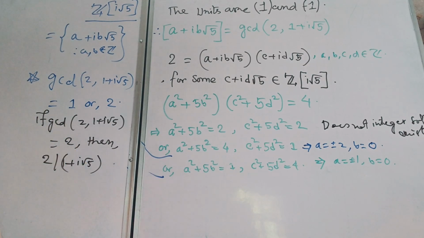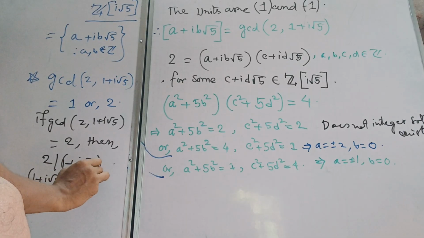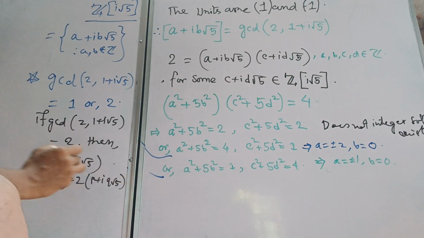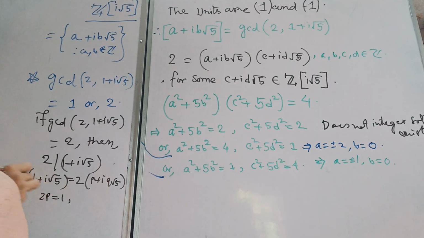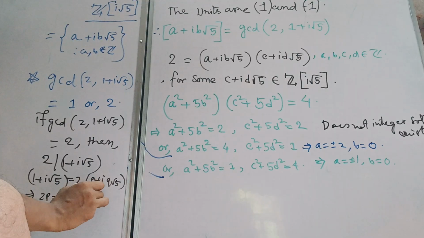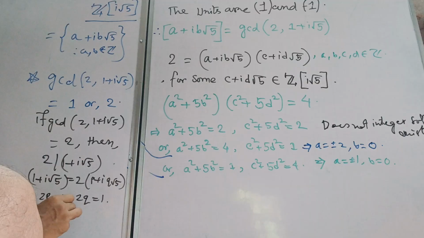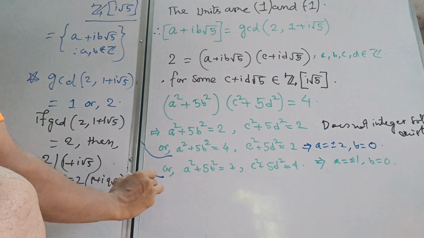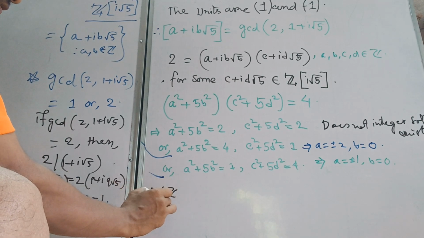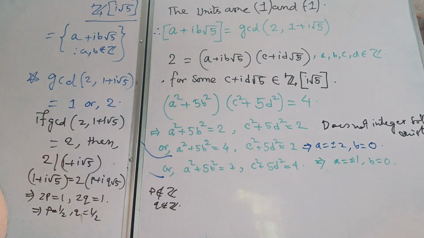Then 1 plus i root 5 equals 2 multiplied by p plus i q root 5. That means 2p equals 1 and 2q equals 1, so p equals half and q equals half. This implies that p does not belong to Z and q does not belong to Z. So an integer solution does not exist in this case.